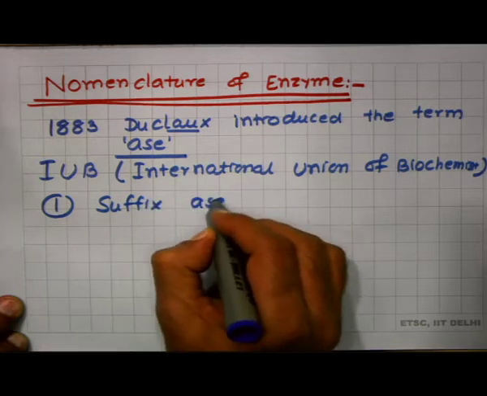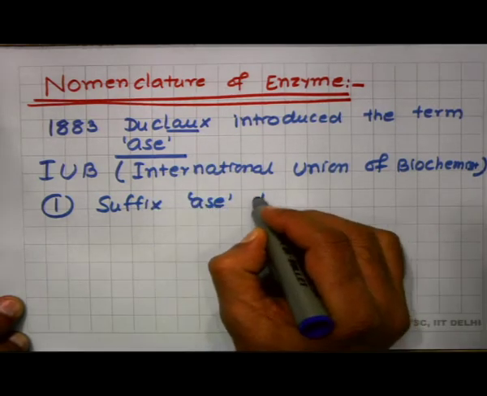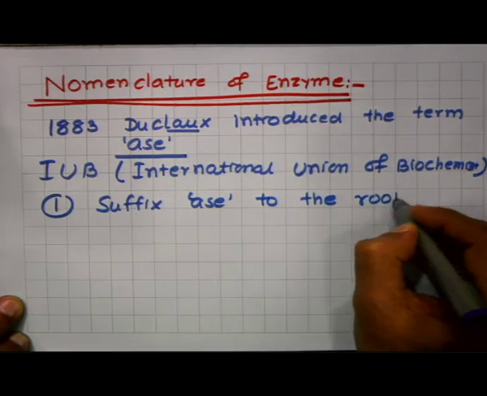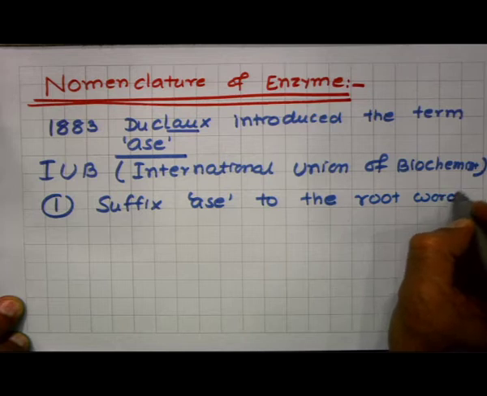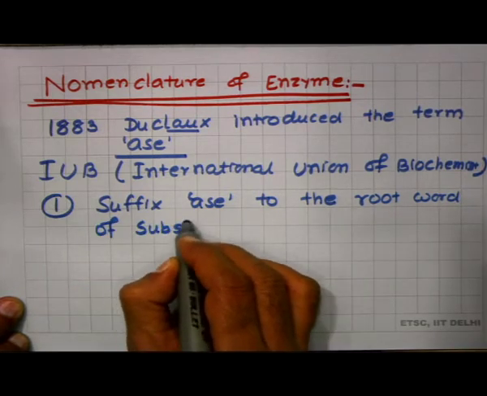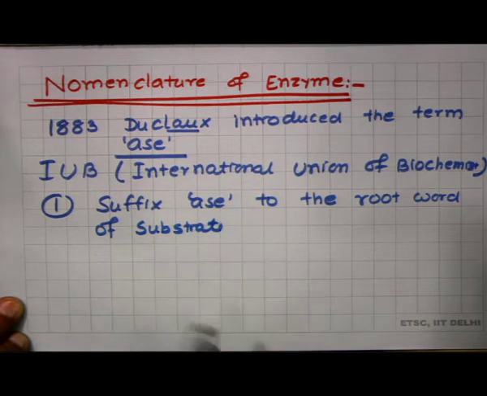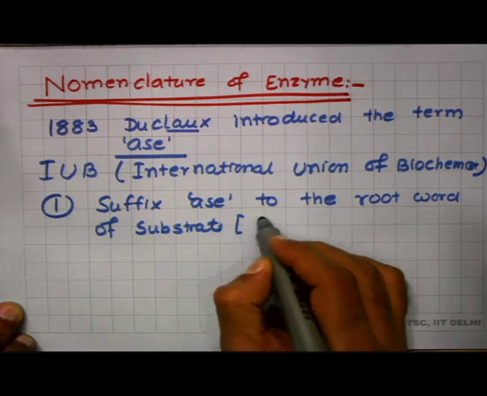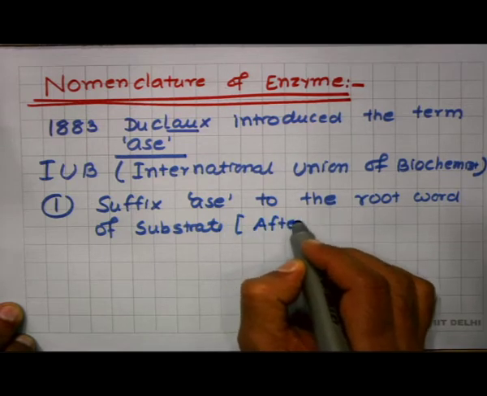According to the IUB, the suffix "ase" is added to the main word, that means the root word, of the substrate. This "ase" is added after the name of the substrate.